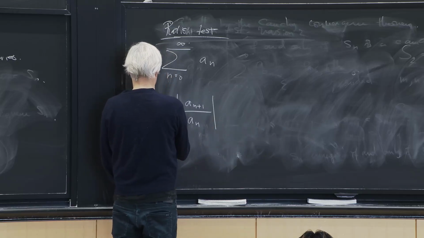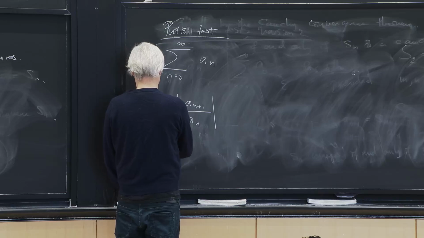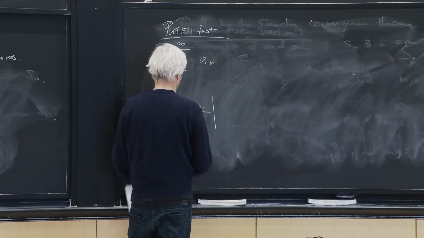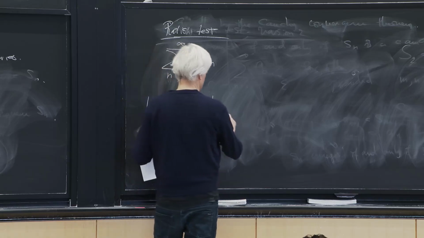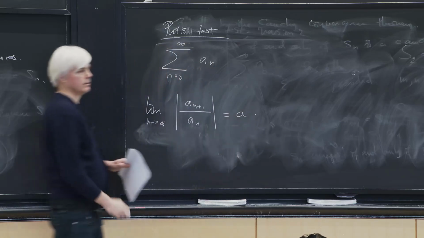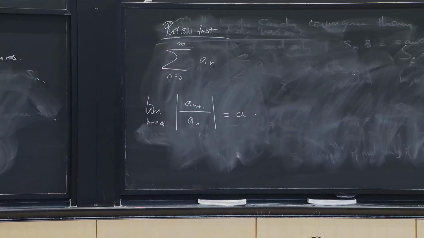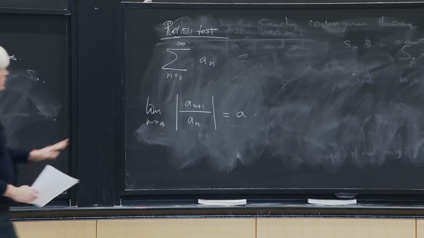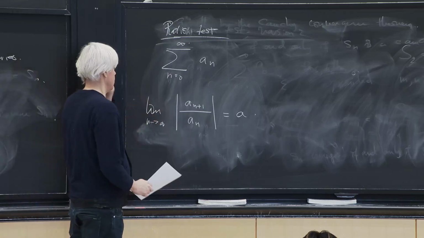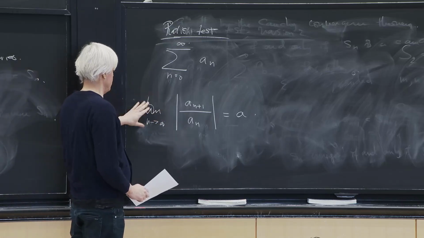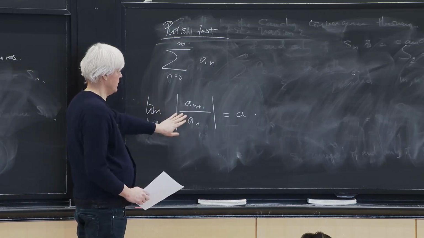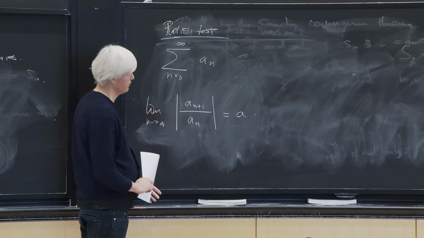And you're asking about the limit as n goes to infinity. Suppose that the limit exists, and let's say that the limit is a. This form of the ratio test requires that the ratio has a limit.